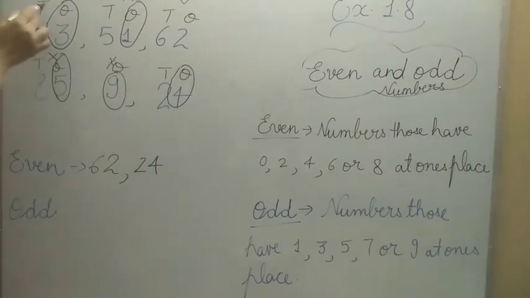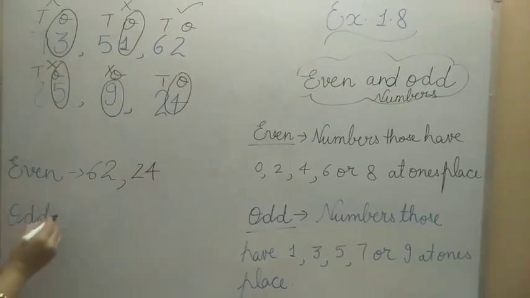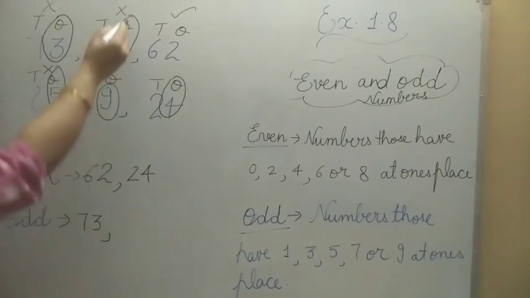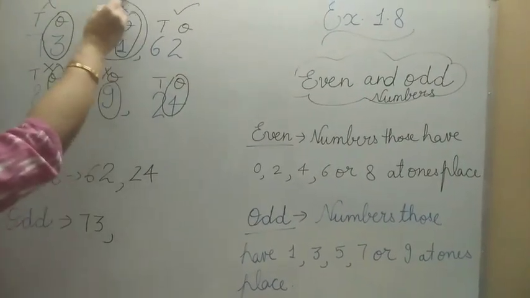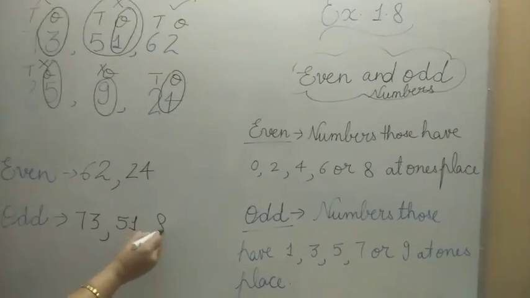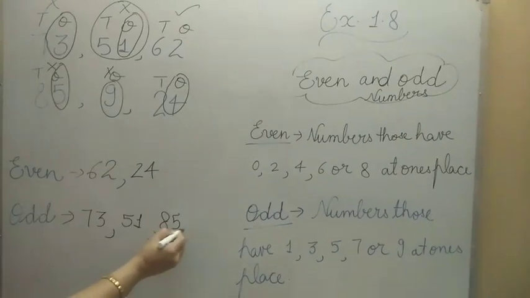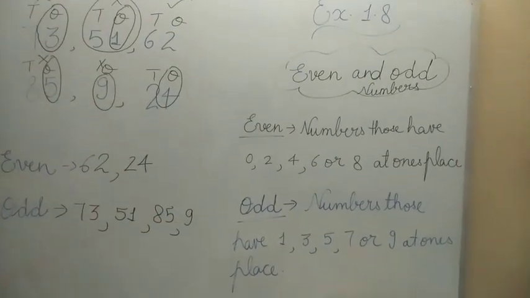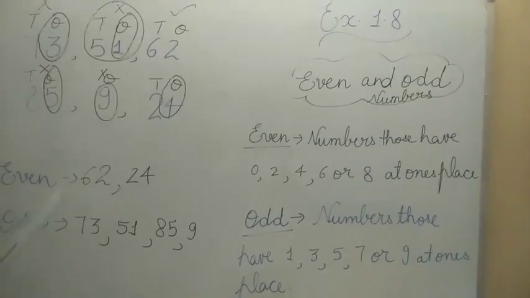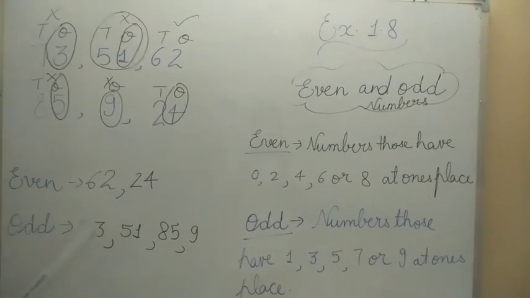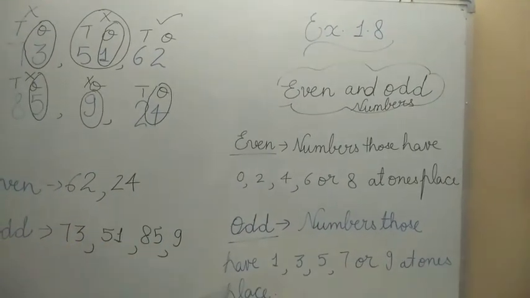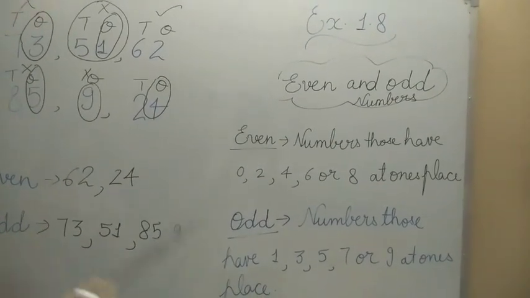So we can write all these numbers in the odd column. So 73. Now we will write the full number. 51, 85 and 9. In this way, you have to solve the exercise 1.8 on even and odd numbers by following these rules of even and odd numbers, how to find out even and odd from a group.